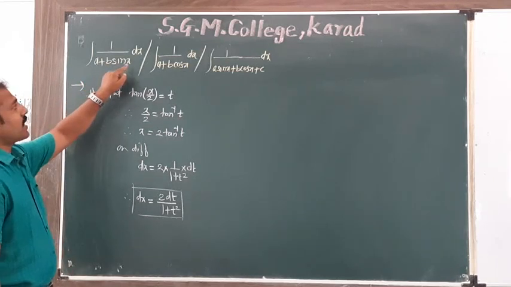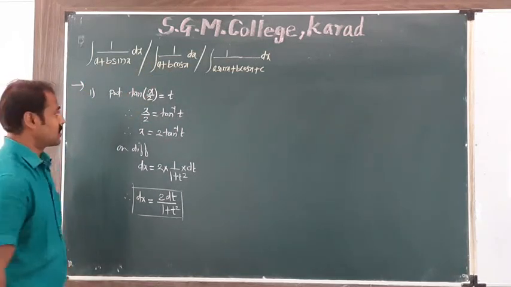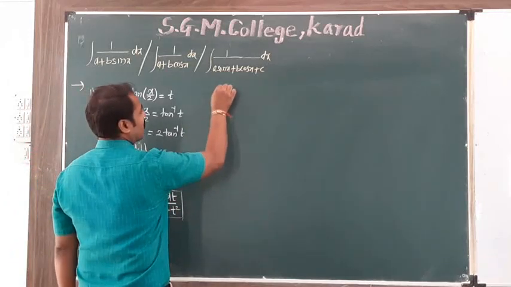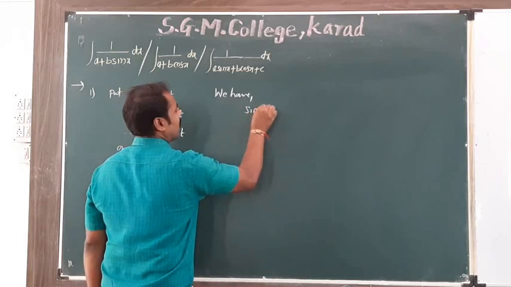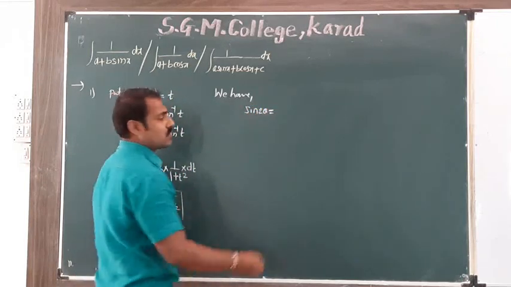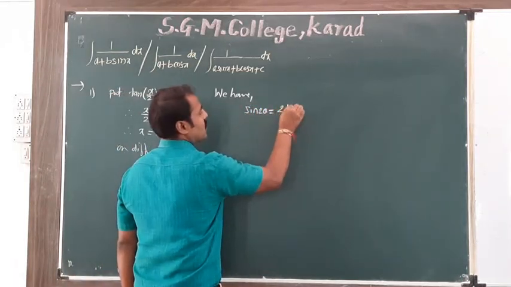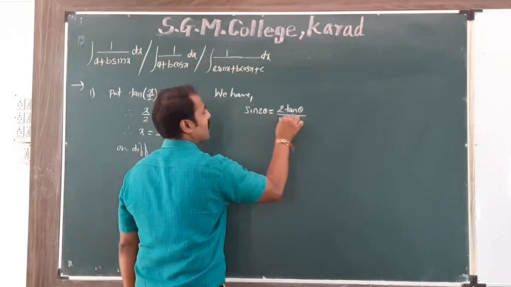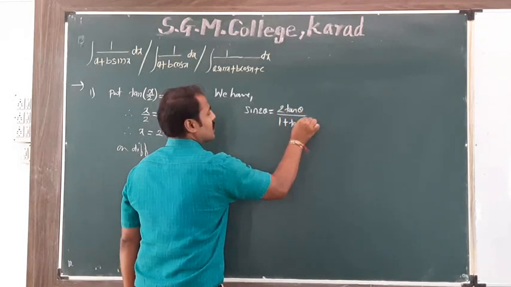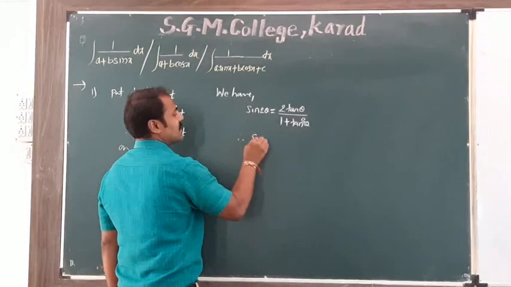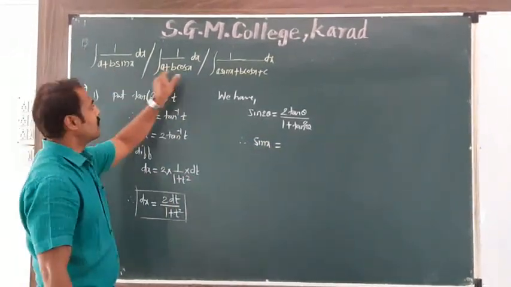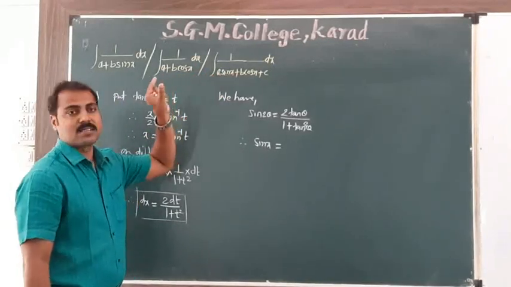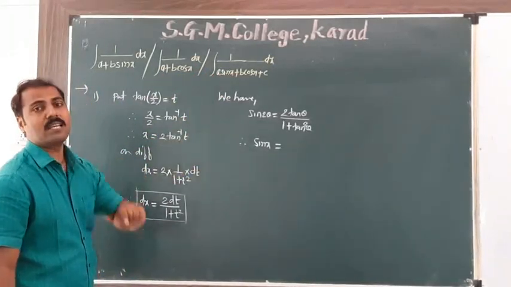Now we find the values of sin x and cos x. We have the formula for sin theta in terms of tan: sin theta is equal to 2 tan theta divided by 1 plus tan square theta. There is only the term of sin x in the denominator, so I can find the value of only sin x.